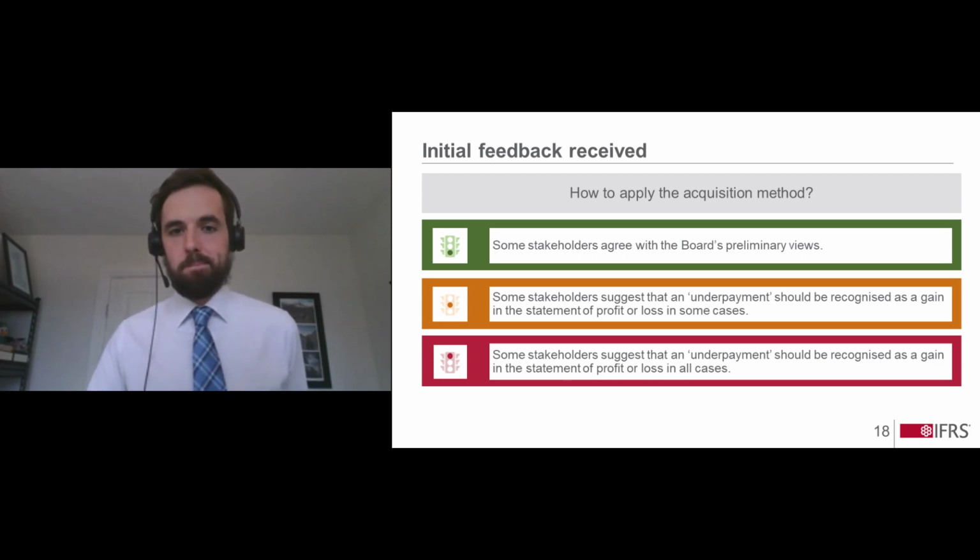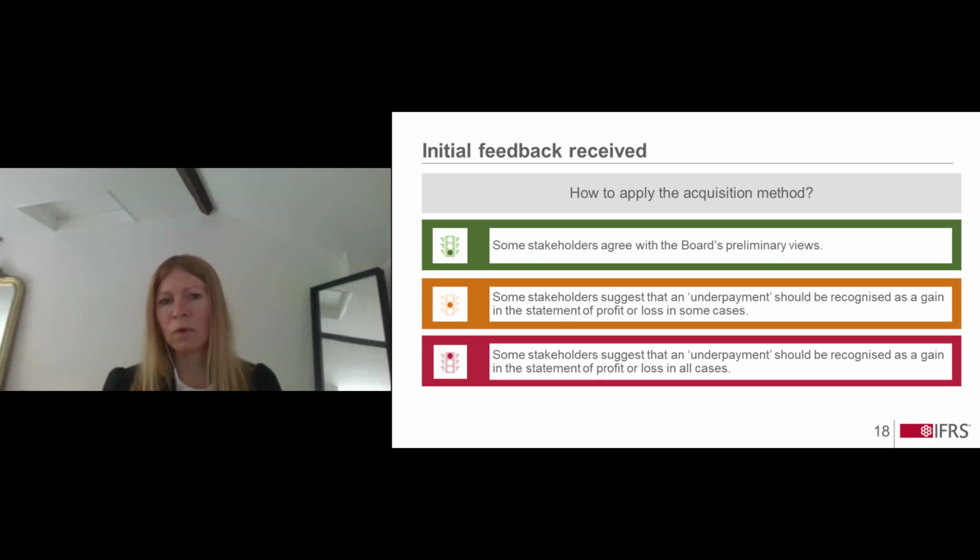Thank you, Rich. So if you think about the board's preliminary views on how the acquisition method should apply to business combinations under common control, there are essentially three main components to the board view. So first of all, it's what to do in circumstances where there is an overpayment and should an entity be required to identify, measure, and separately recognize a distribution.